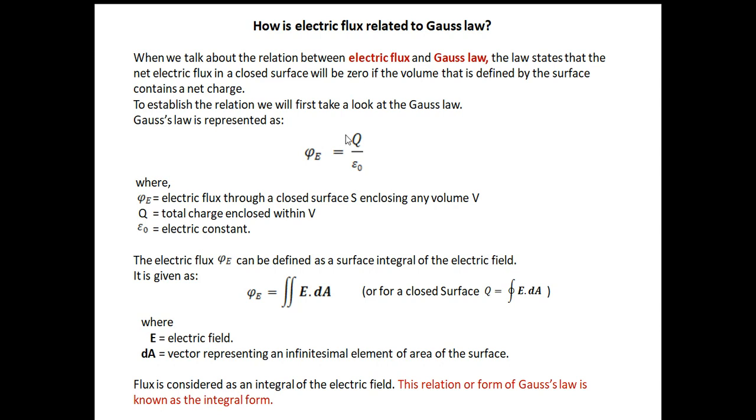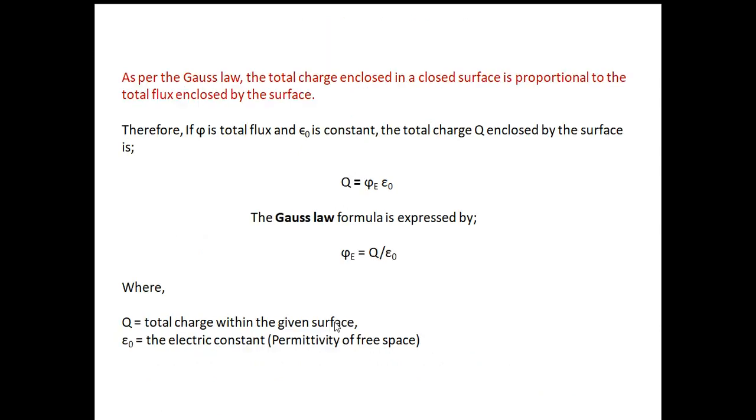So once I get Q, it's not very difficult to estimate the electric field. So the flux is considered as an integral of the electric field. The relationship which is shown here is called the integral form of Gauss's law.